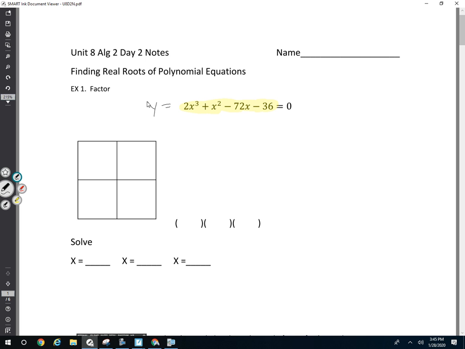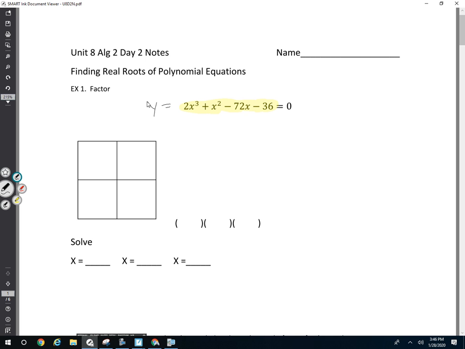What do we already know? We talked about this last unit in terms of how that graph looks. 2x cubed plus x squared minus 72x minus 36.